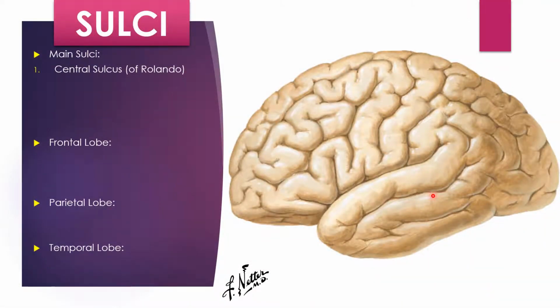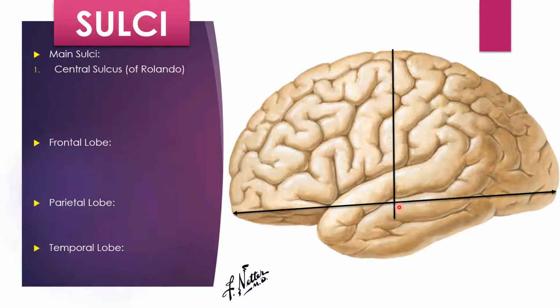If we draw a line between the frontal pole and the occipital pole and mark the midpoint of this line, and we go 1 centimeter or 0.4 inch posterior to this midpoint, we will see a sulcus indenting the superomedial border and running downwards and forwards. It is the main sulcus, the central sulcus of Rolando.